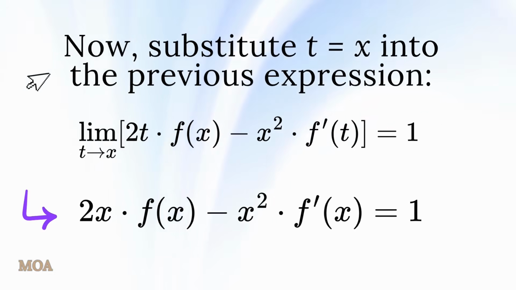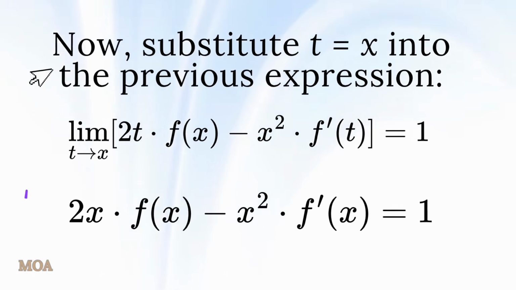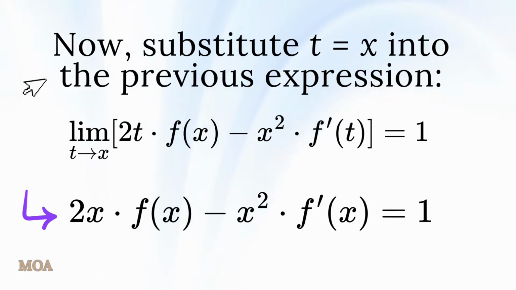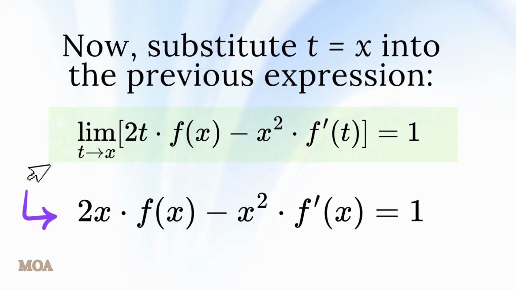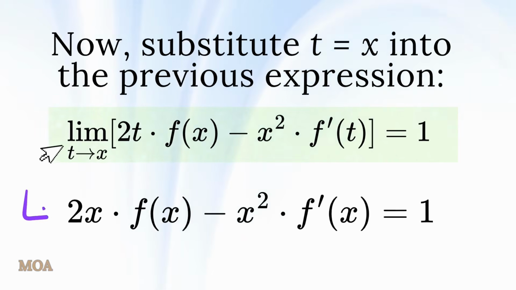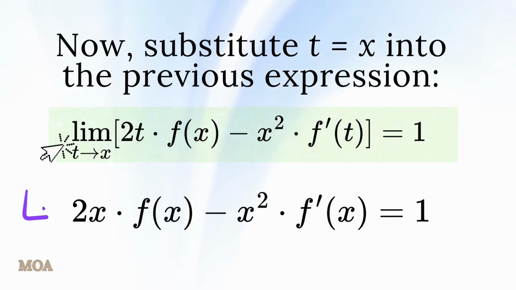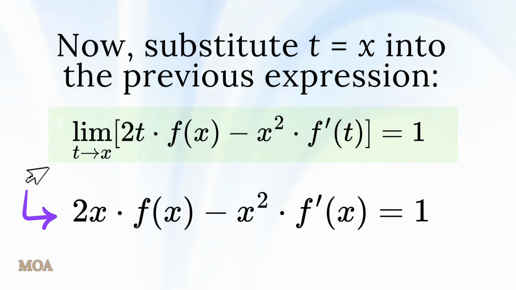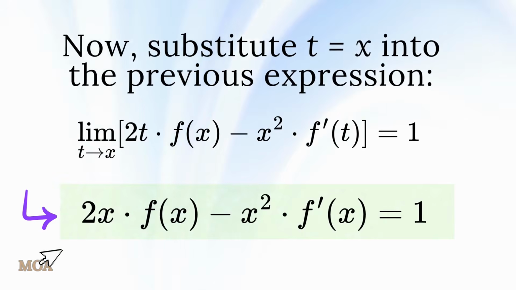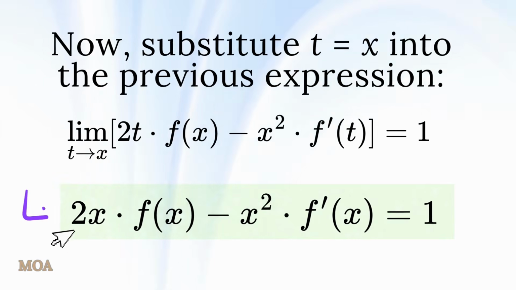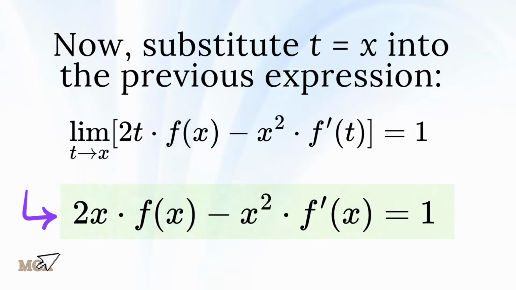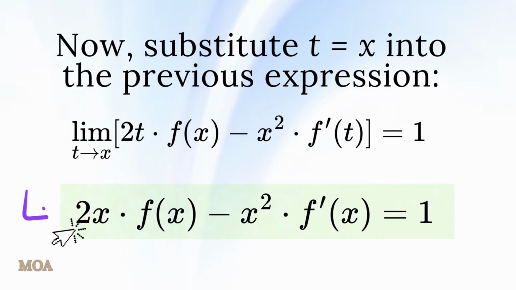Now, substitute t equals x into the previous expression. We obtain 2x times f of x minus x squared times f prime of x equals 1.